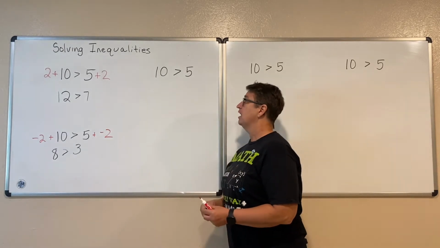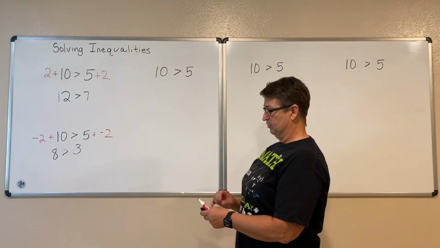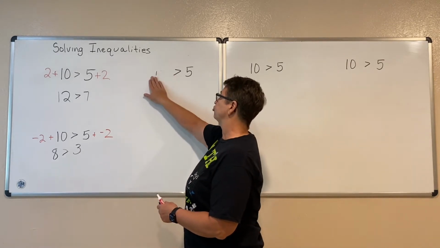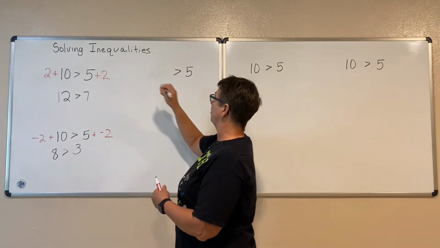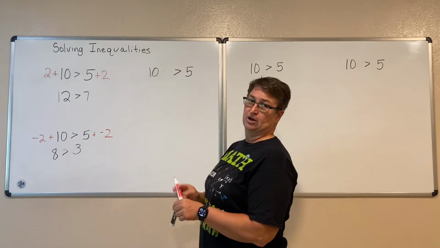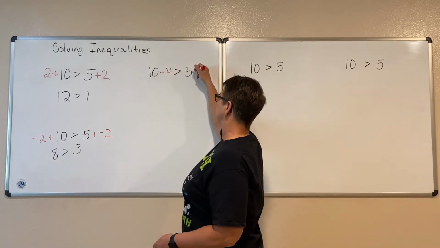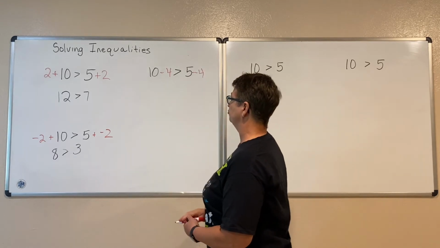Let's look at subtracting a number from both sides of my inequality. So this time I'm going to subtract a number from both sides of my inequality. Let's subtract 4 from both sides of the inequality, and let's just see if that remains a true statement.